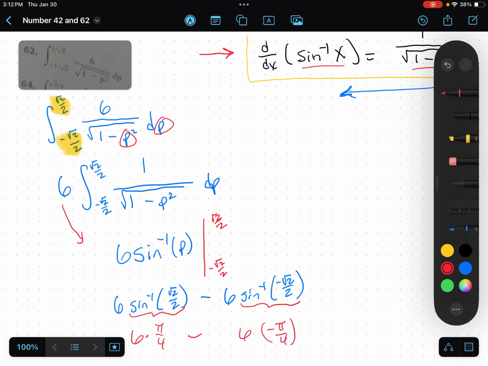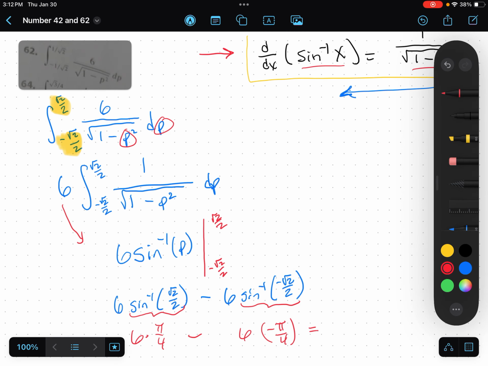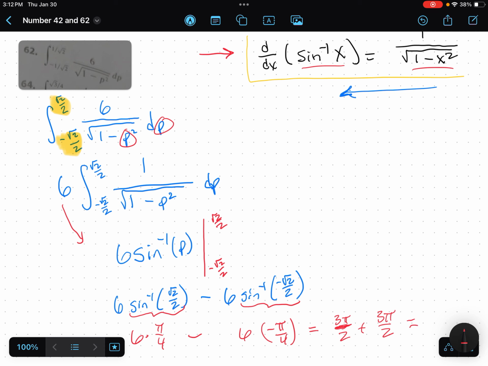And then I'm running out of space here, but let's just write what that equals. This is 3 pi over 2 plus, because the negative times negative is a positive, plus 3 pi over 2, which is 6 pi over 2, or just 3 pi.